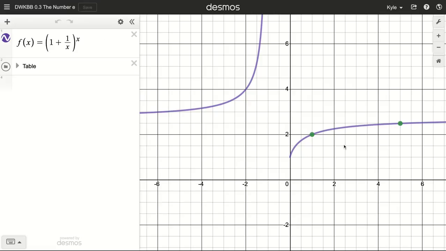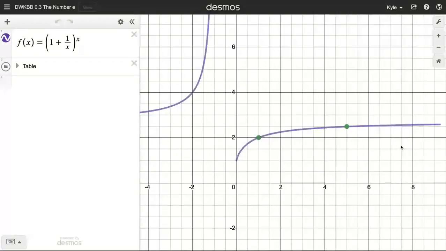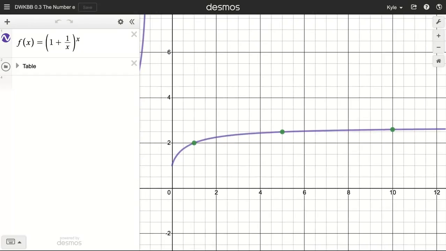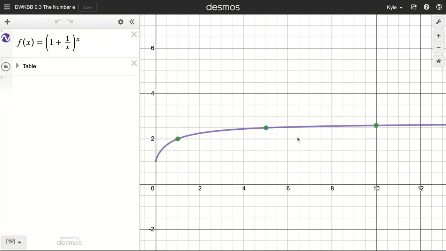If that just goes out into infinity, daily compounding, hourly compounding, secondly compounding, and then every single moment of every single day, what happens? Well, watch the graph. It flattens off pretty quickly. It does not grow without bound, and it seems to flatten off somewhere between 2 and 4, definitely closer to 2 than 4.